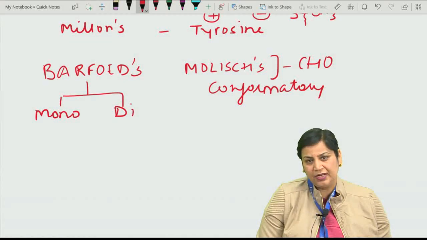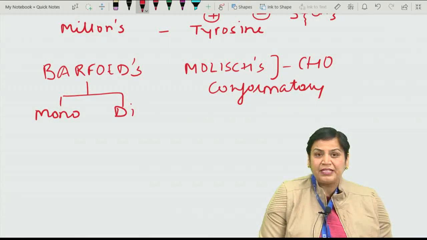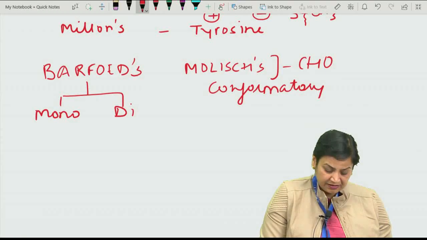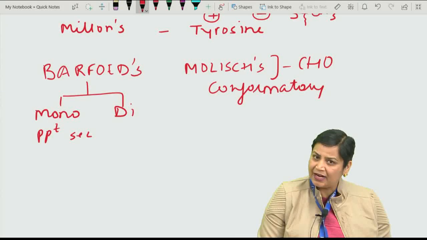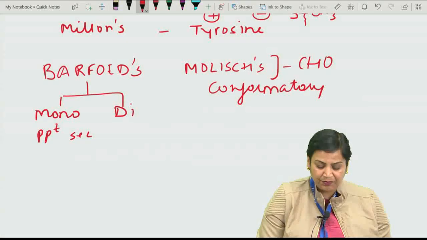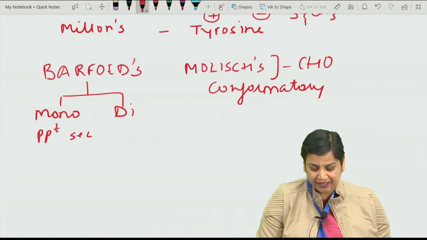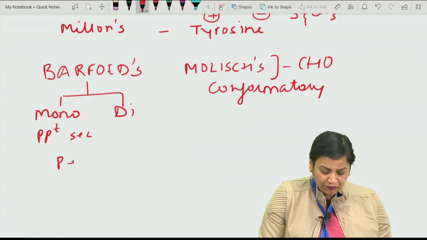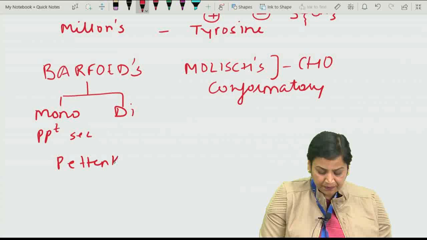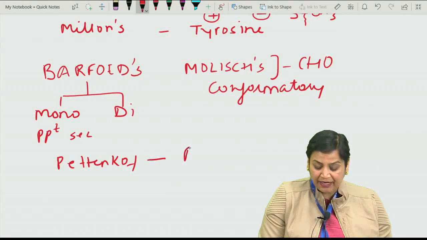Simply osazone formation is there. If precipitation appears in a second, it is a monosaccharide. Delayed precipitation predicts it is a disaccharide. So Barfoed's and Molisch are for carbohydrates. Pettenkofer test is for bile acids.